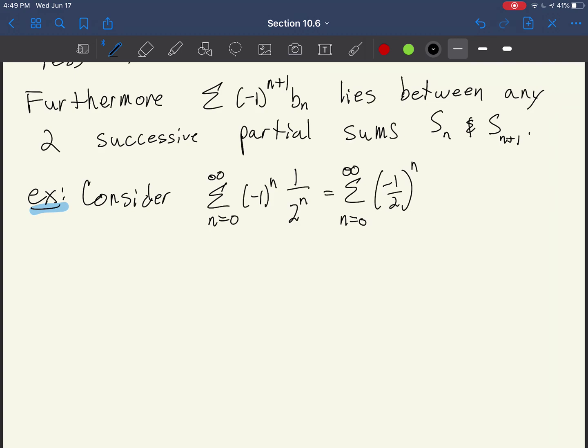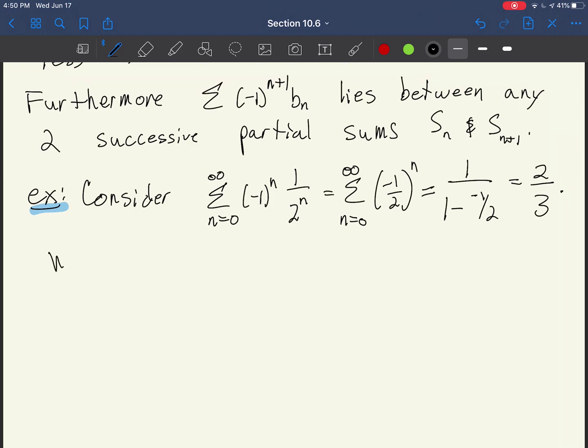This is a geometric series with absolute value of r, which is 1/2, less than 1. So we know that this converges, and it converges to 1 over 1 minus r, which is -1/2. Simplify this, and we know that this series converges to 2/3.